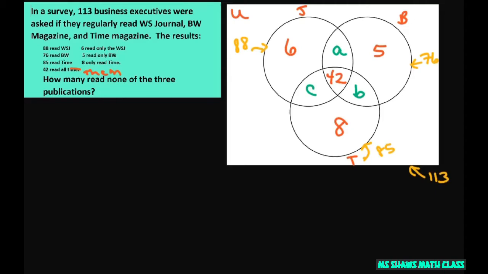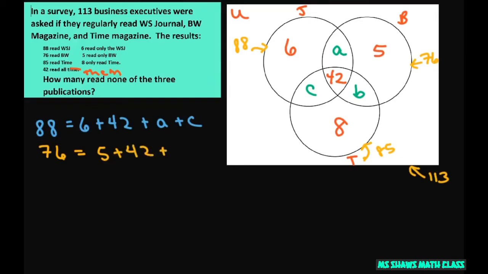So let's set up a system of equations, and let's do the Journal one. The Journal one is 88 equals 6 plus 42 plus A plus C. For Business Week, that's 76 equals 5 plus 42 plus A plus B. Again, I'm just looking at the complete circle here.